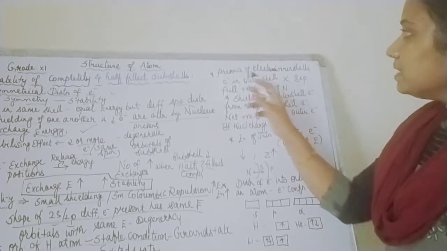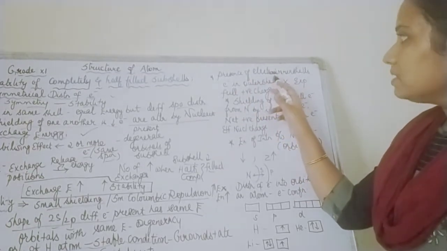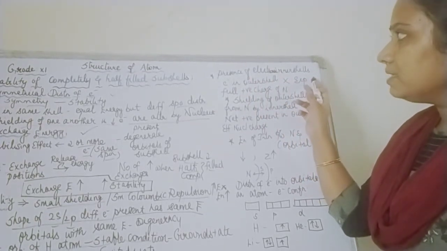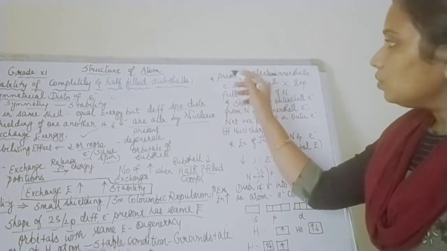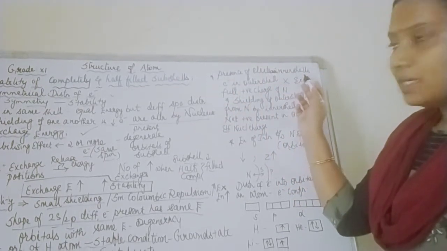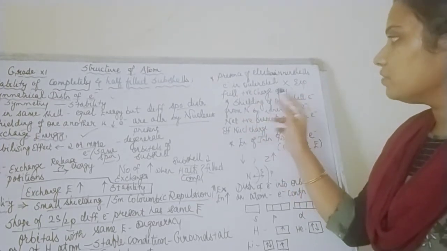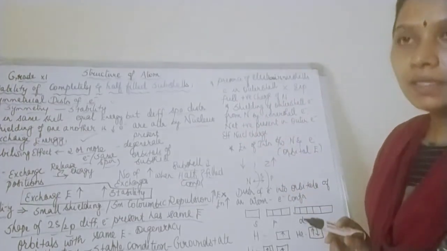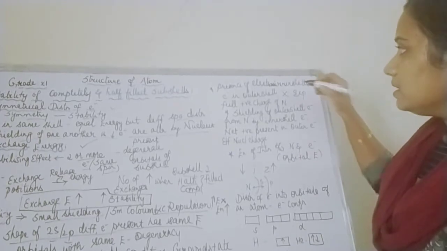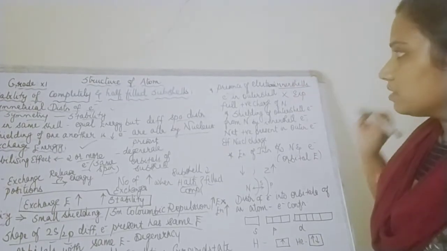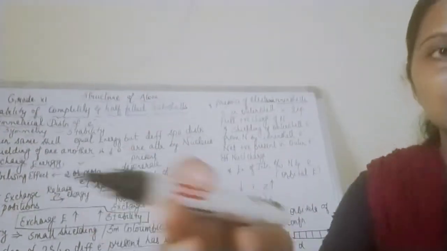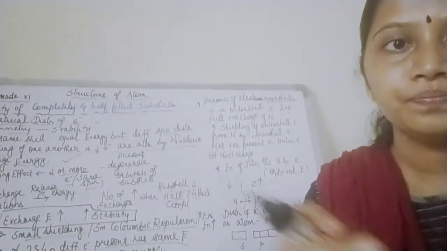See, due to the presence of electrons in the inner shell, the outer shell electrons will not experience the full positive charge of the nucleus. Am I correct? In the inner shells, electrons are present.